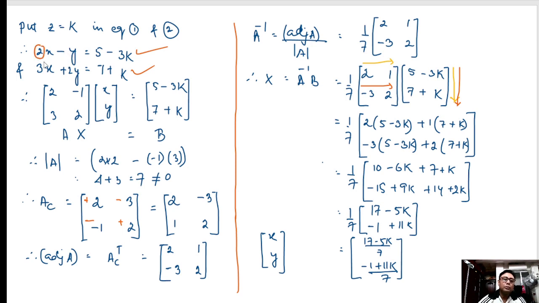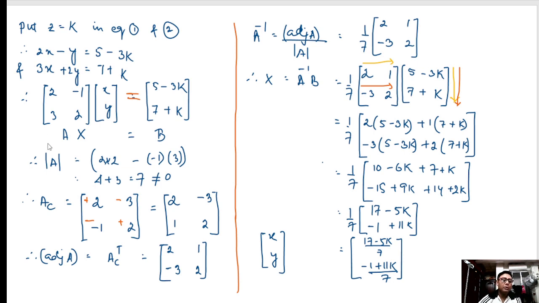So 2, 3, minus 1, and plus 2 will make it A. So this is our A matrix. And X into Y. And now our B matrix. What is our B matrix? Our B matrix will be 5 minus 3K and 7 plus K. This is our B matrix. Okay, so AX equal to B.